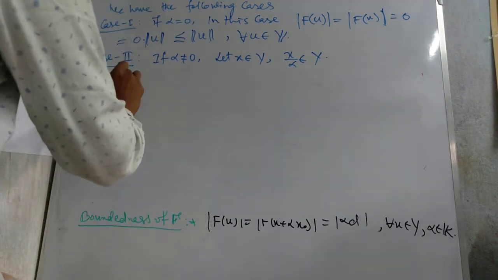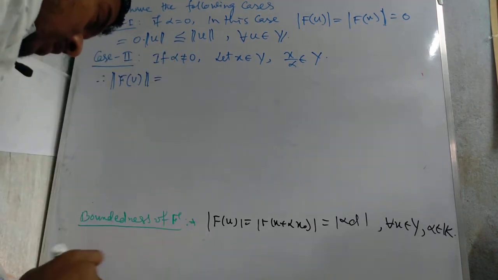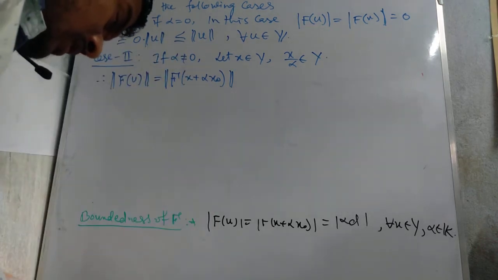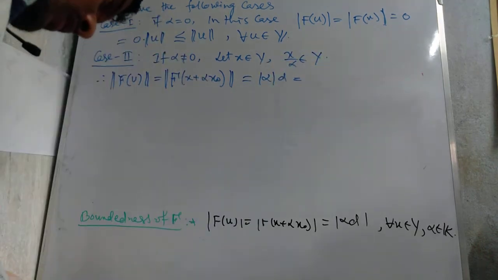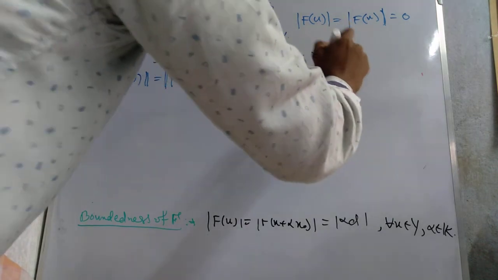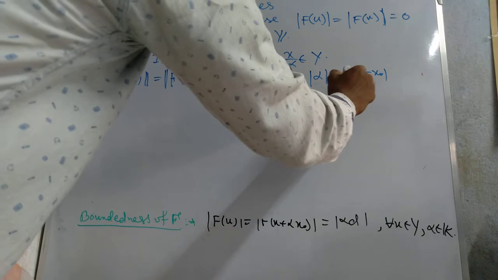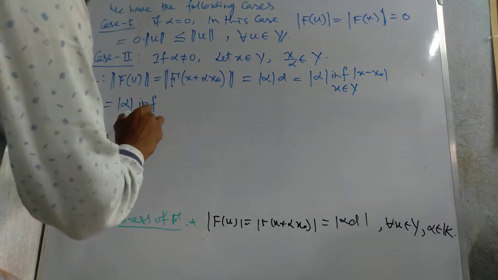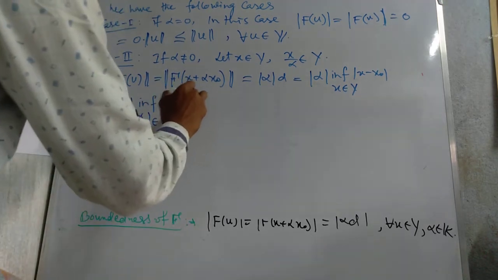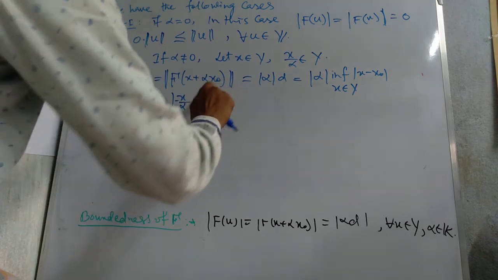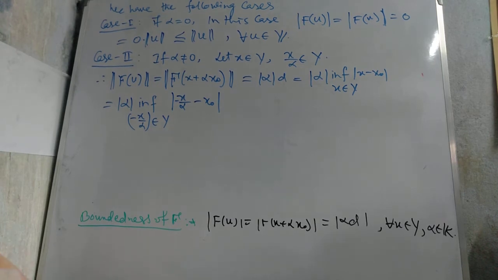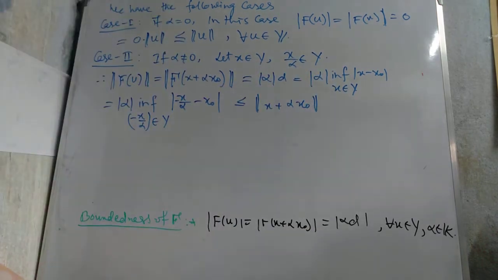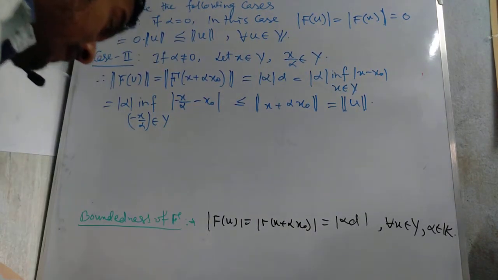Now the norm of f(u) equal to f(x plus alpha x0), which equal to the norm of alpha d. This equal to the norm of alpha times the infimum of the norm of x minus x0, which equal to the norm of alpha times the infimum of the norm of x by alpha minus x0, then less than or equal to the norm of x plus alpha x0, equal to the norm of u.